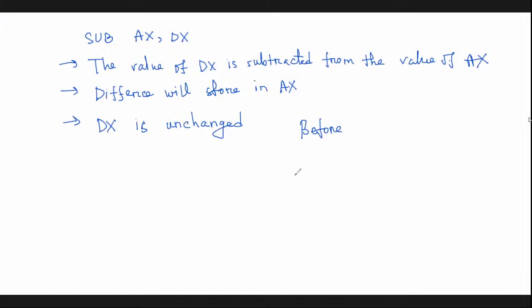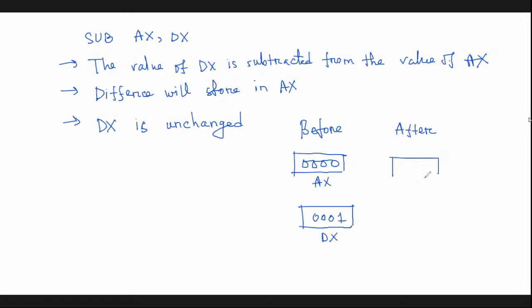Suppose before, in x we have 0000, and dx has 0001.